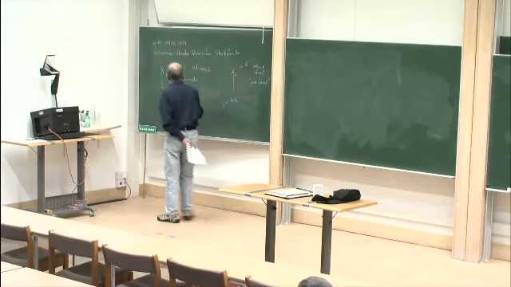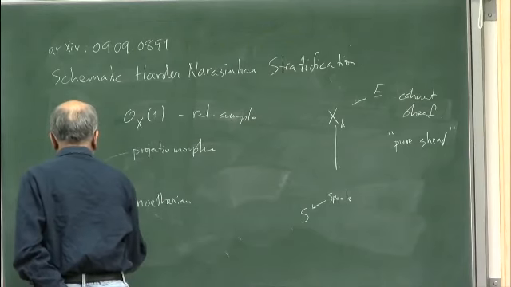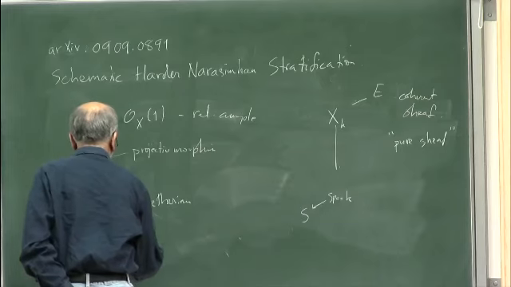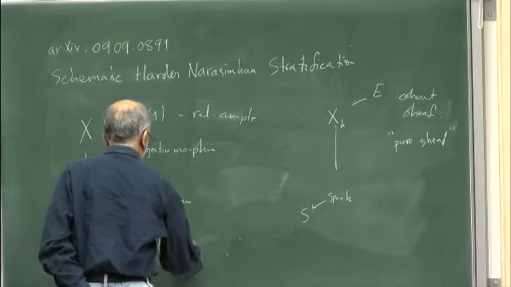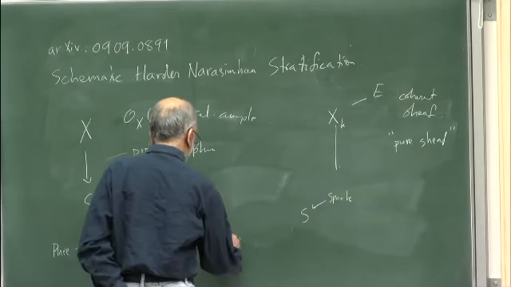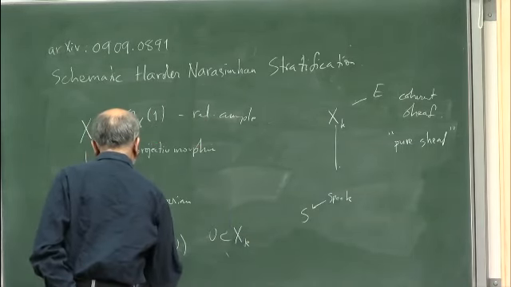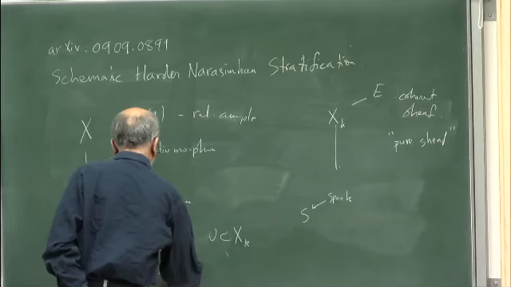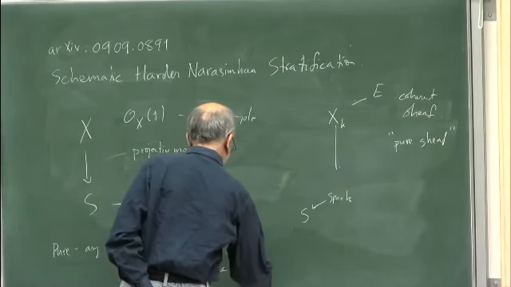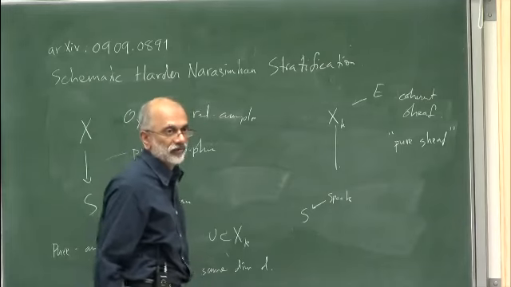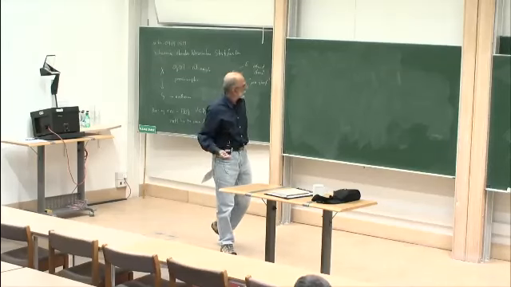So, pure: any sigma not equal to 0 in E(U), where U is in this X_k, the support of sigma has the same dimension D, irrespective of which non-zero section on which open set you select.